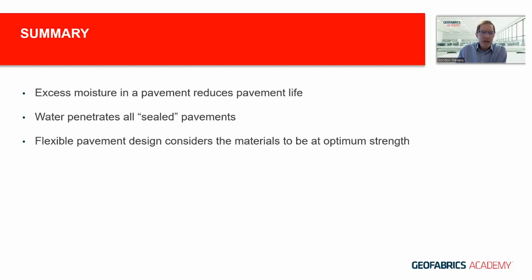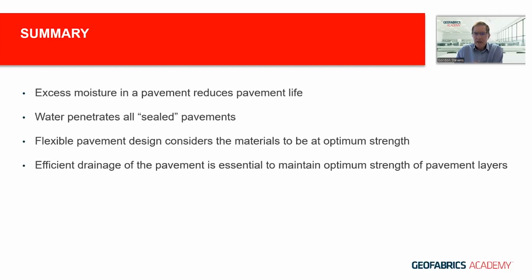When it comes to design of flexible pavements, we consider the materials to be at their most favorable state. Hence, we need good, efficient drainage to support our pavement designs.